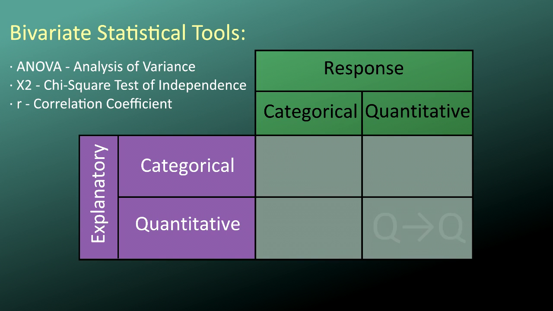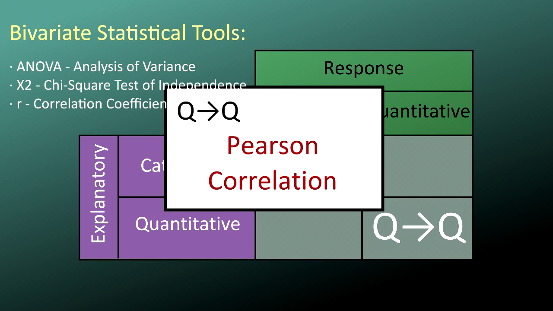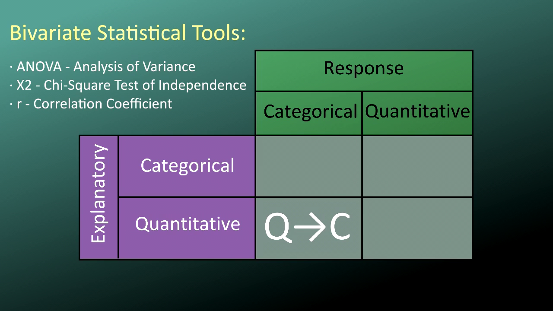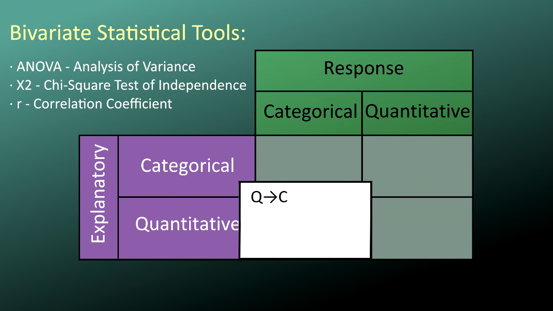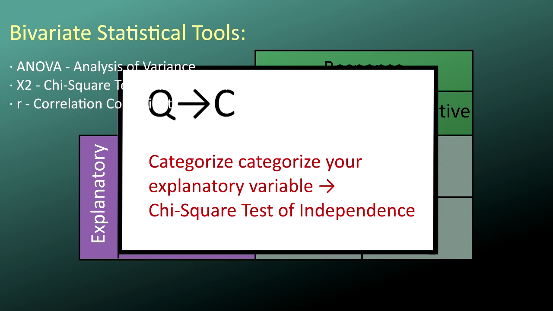If both your explanatory and response variables are quantitative, you would use a correlation coefficient as your inferential test. If your explanatory variable is quantitative and your response variable is categorical, you would categorize your explanatory variable with only 2 levels and then use the chi-square test of independence as your inferential test.